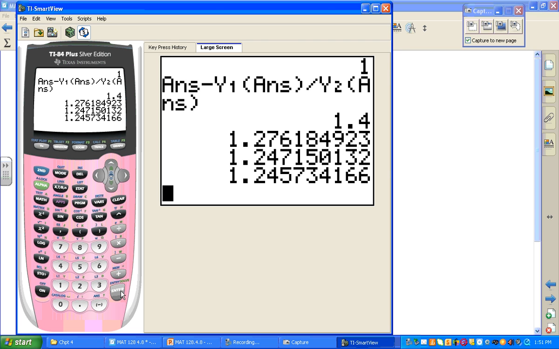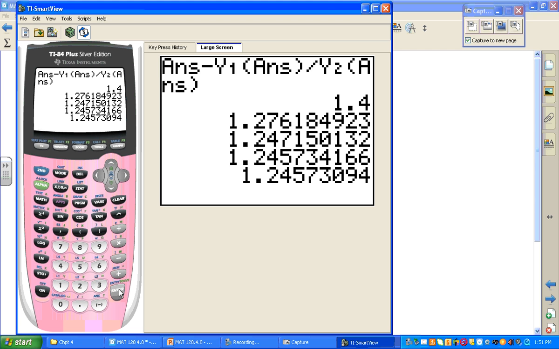We're close. 1.24. Yeah, 1.2457. So you're getting the benefits of using Newton's method for solving these. You're also getting a little bit more insight on how the calculator does it and why you have to give it a guess that's close.